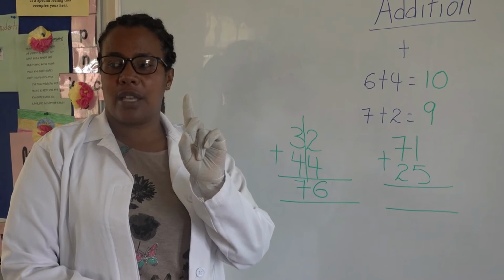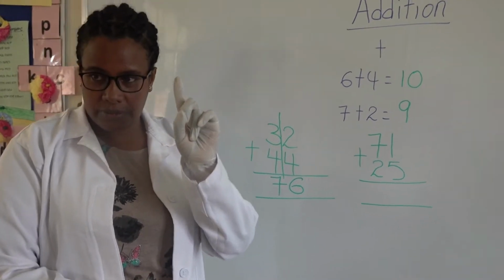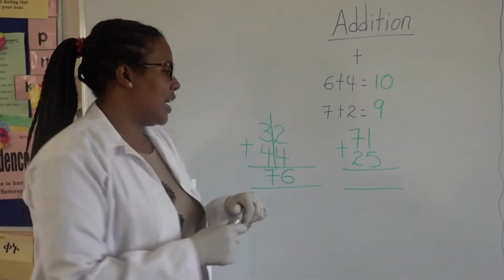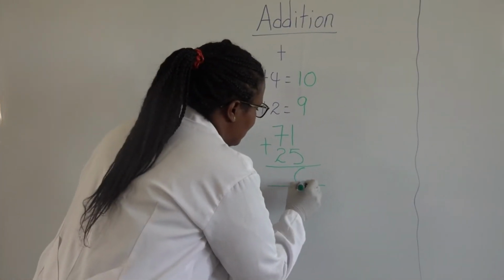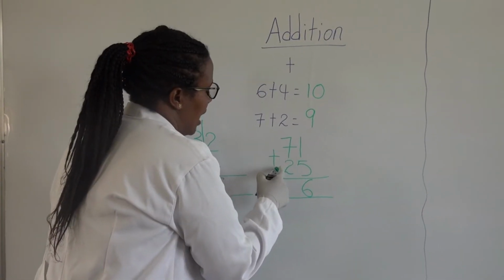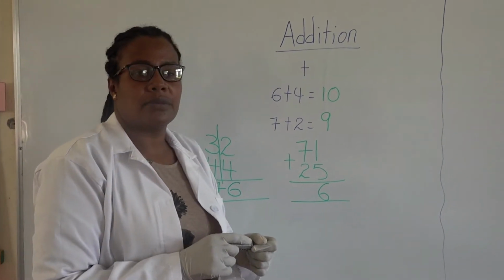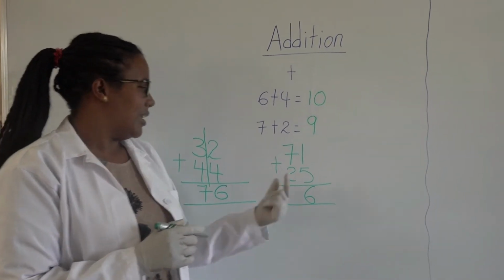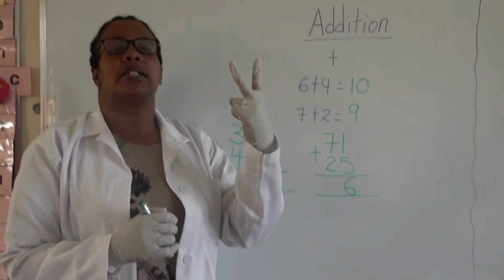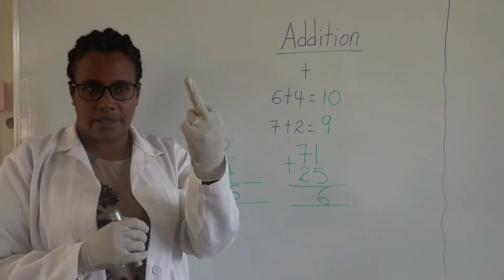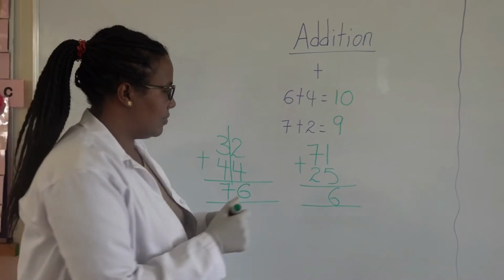Okay, let's add it together. 5 and 6. You're excellent. 7 plus 2. Now here, which one is the big one? 7. Okay, let's add it together. 7, 8, 9.